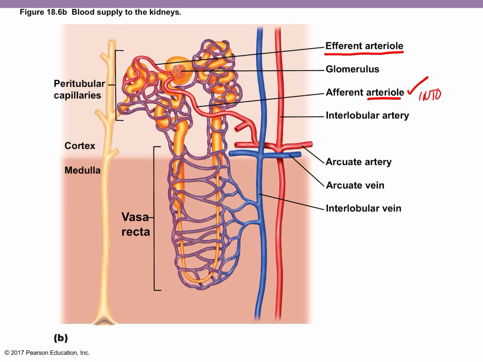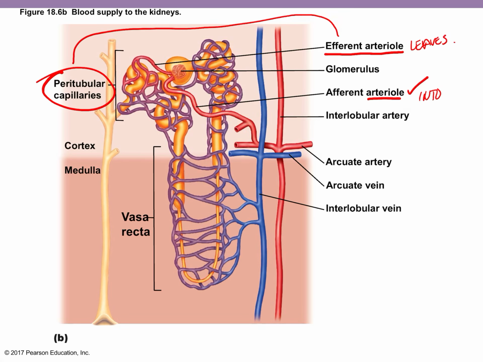So the afferent arteriole goes into the glomerulus, and then the efferent arteriole, E for exit, leaves. The blood leaves the glomerulus. And you can modify how fast blood is coming into the glomerulus by constricting or dilating these blood vessels.